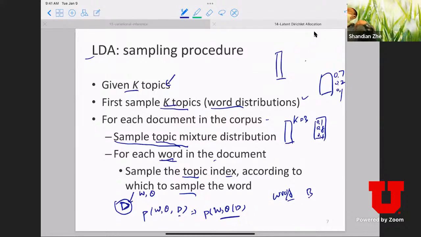And then you can have a joint distribution to describe your model parameters and data, and then you can do some inverse computation, that is, compute the posterior distribution. And of course, once you have this posterior distribution, you can use it as a generative or sampling procedure to go through this sampling procedure to generate a set of new documents. That's totally fine.